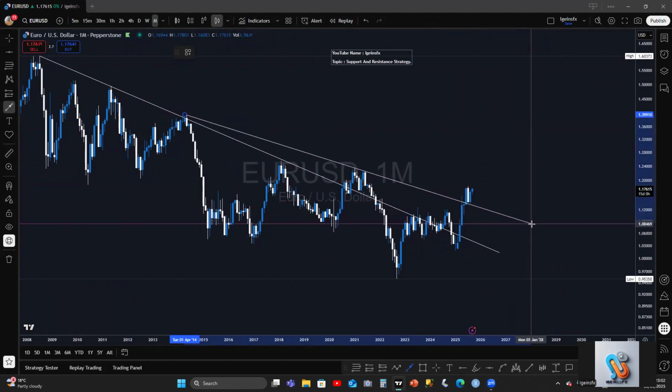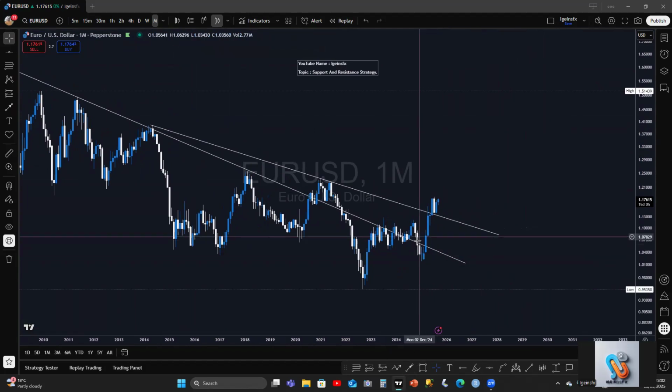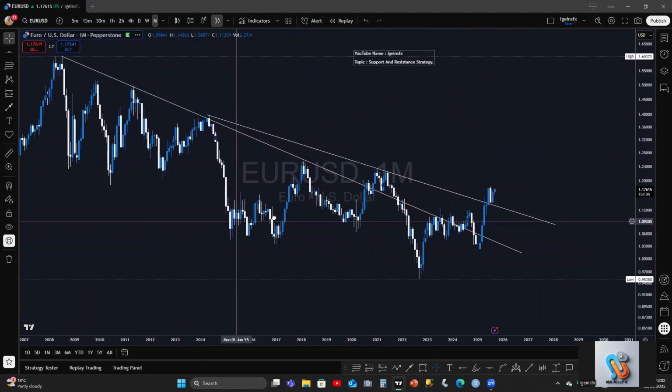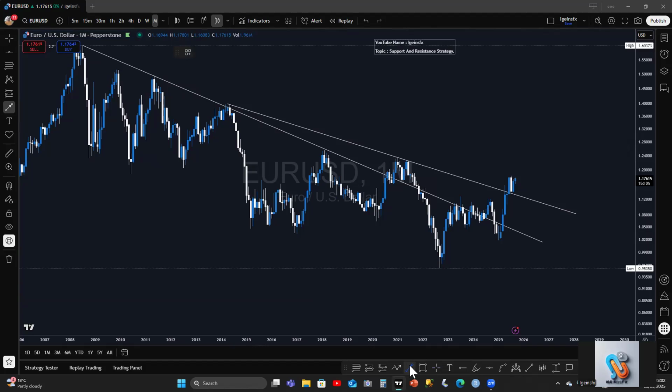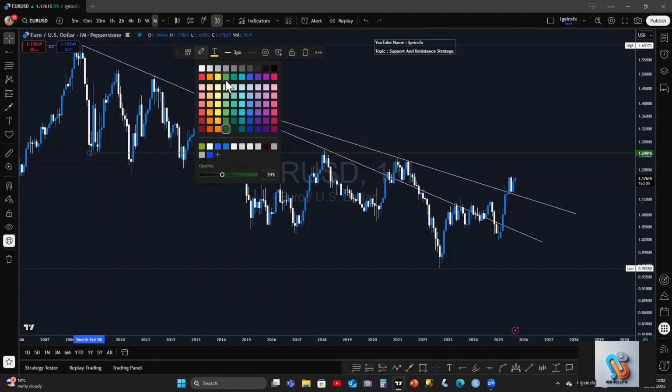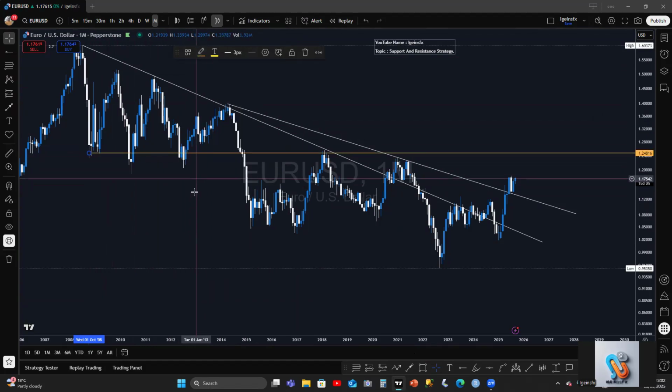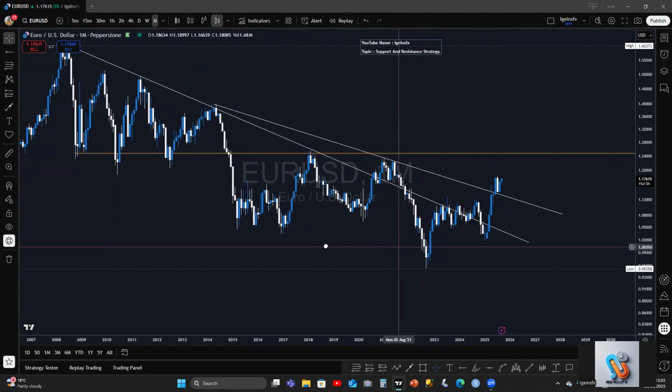This second one also has already been broken, but we must understand that there is a resistance here, a support level that has now turned to a resistance. It was a support level, but now a resistance level.